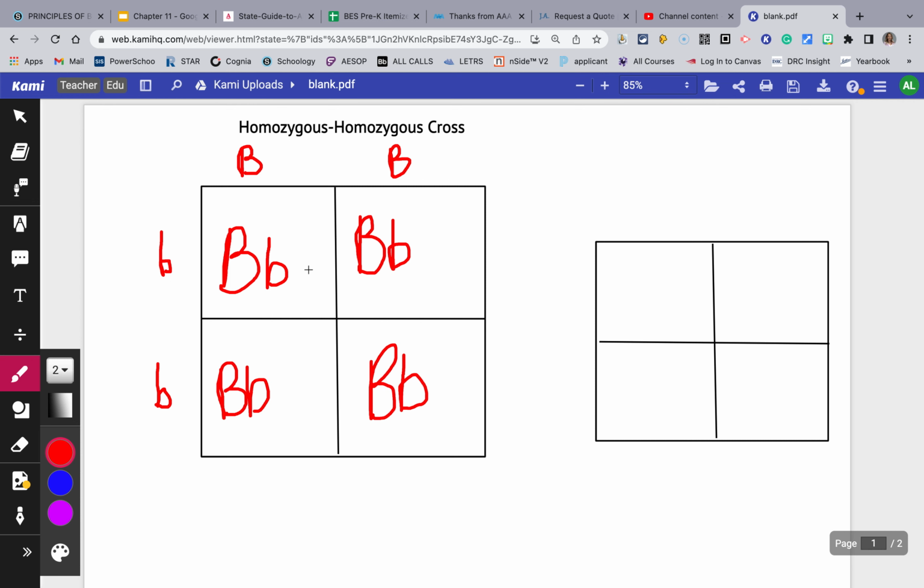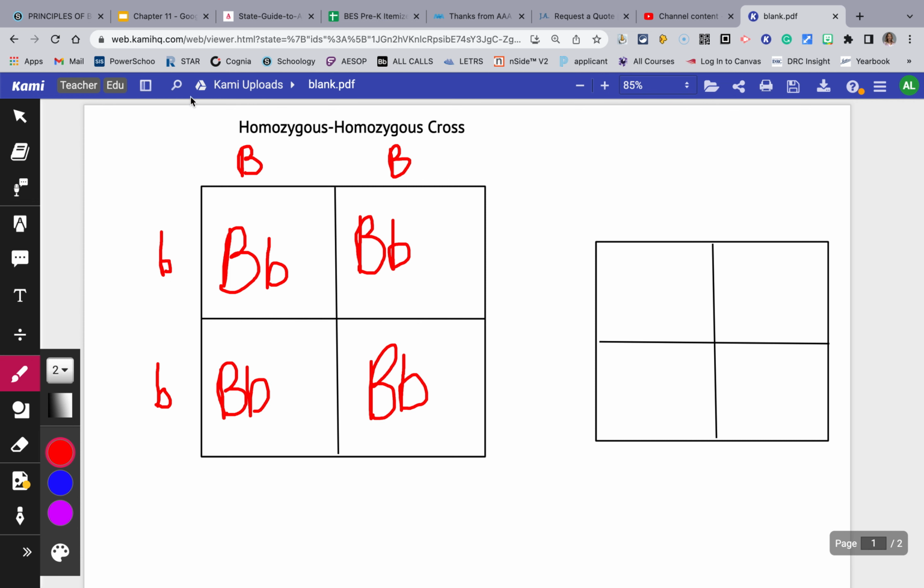So don't think of each box as a child. Think of it as the chance you're going to get those genes. Okay, so if these two were crossed one time, what are the chances that they would have a heterozygous, brown-eyed child? 100%.